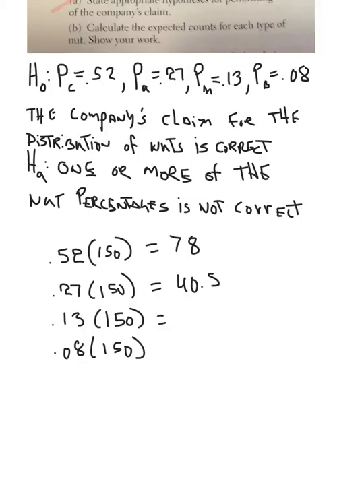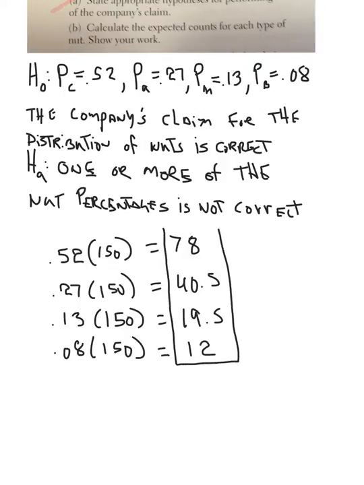The macadamia we should get 19.5 on average if we did this over and over again. And the last one, the Brazil nut, should be 12. So this is our expected value. And then we might actually take a sample of 150 and compare what we actually see to these expected values. Anyway, so that's number one.